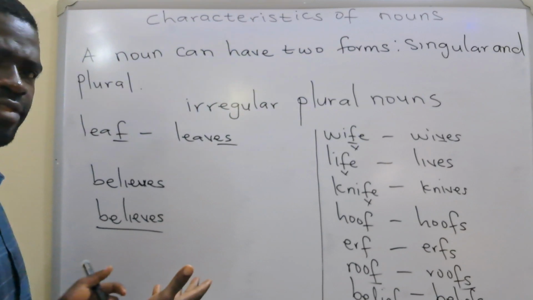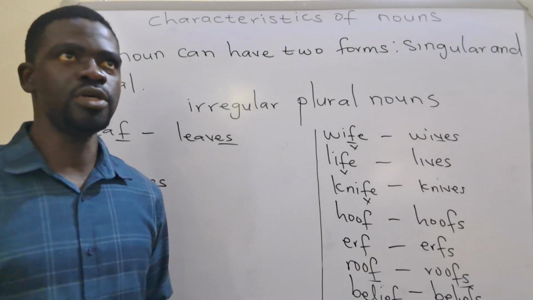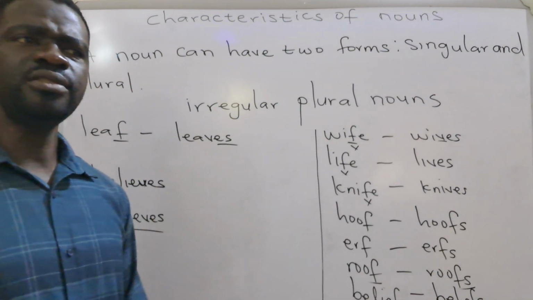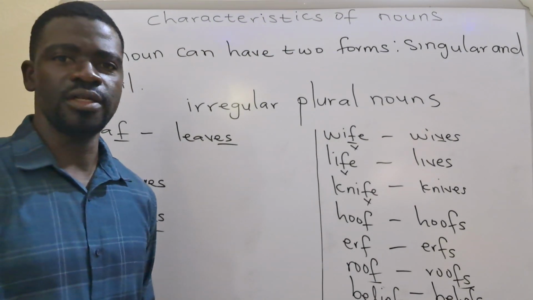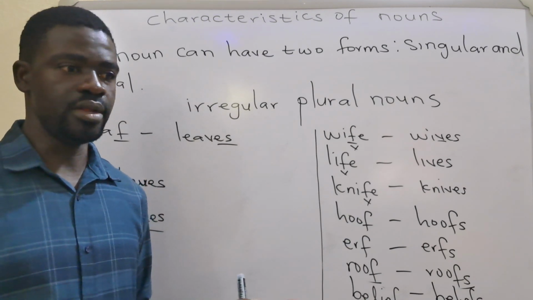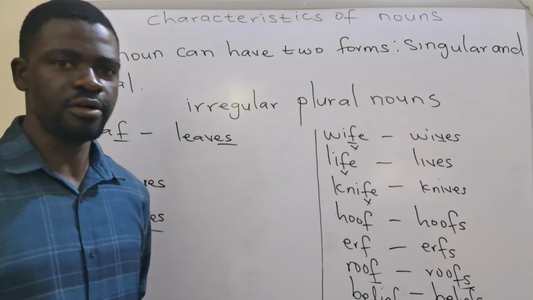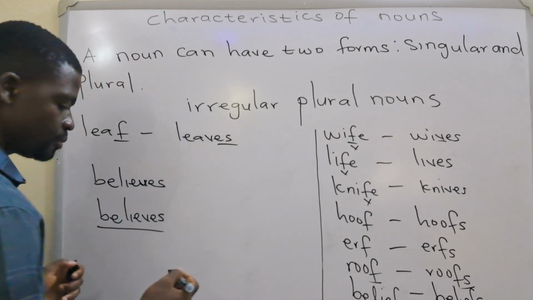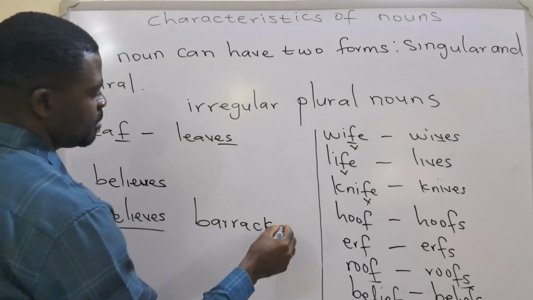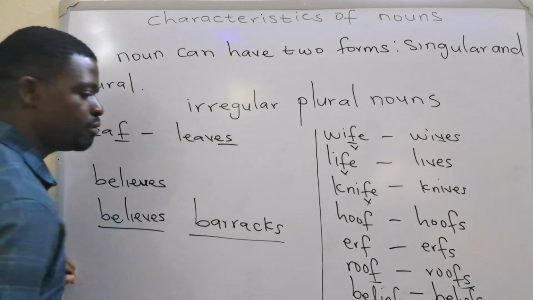And there are a couple of them. In our next class, we're going to continue to look at some unusual plural forms of noun. There are some nouns that don't occur in singulars. Some don't even have plurals. They only have singular form. Some only occur in plural forms. For example, you have barracks. So barracks is always in plural form.